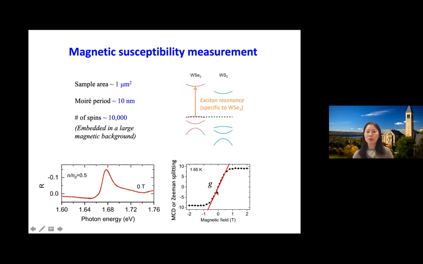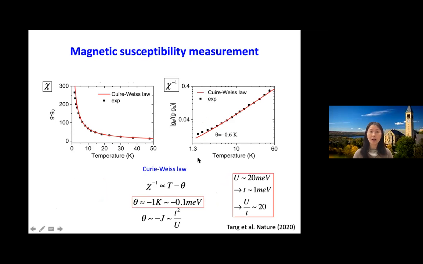And we can use the slope near zero field to extract the magnetic susceptibility, because this is effectively an M-edge curve. Okay, so here's the result of magnetic susceptibility, which is that slope, as a function of temperature.